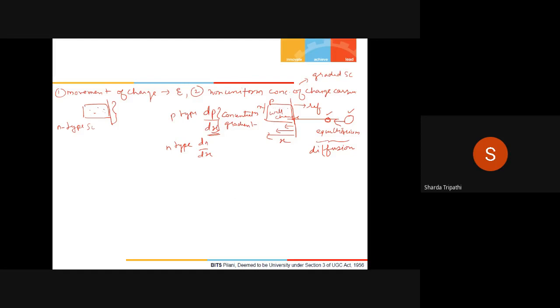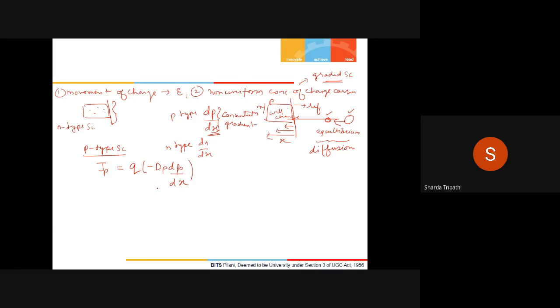Now let us try to see what will happen to the current density in case of the graded semiconductors. So let me first write the formula, then I'll try to explain what that means. So say I have a P type of semiconductor. In a P type of semiconductor, the current density, let me denote this by Jp, is given as Q multiplied by minus Dp into the concentration gradient dP by dx.